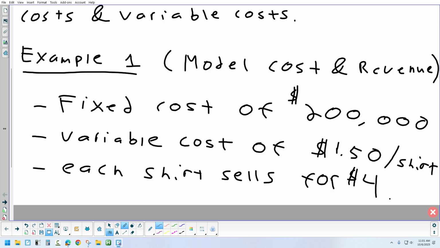So we don't know if that $4 is profit. Profit is the difference between the two. If you take your revenue and you subtract your costs, that'll tell you how much money you made. So profit could definitely be a negative number, right? If you didn't make back enough money to cover your costs, then your business is going to lose money.